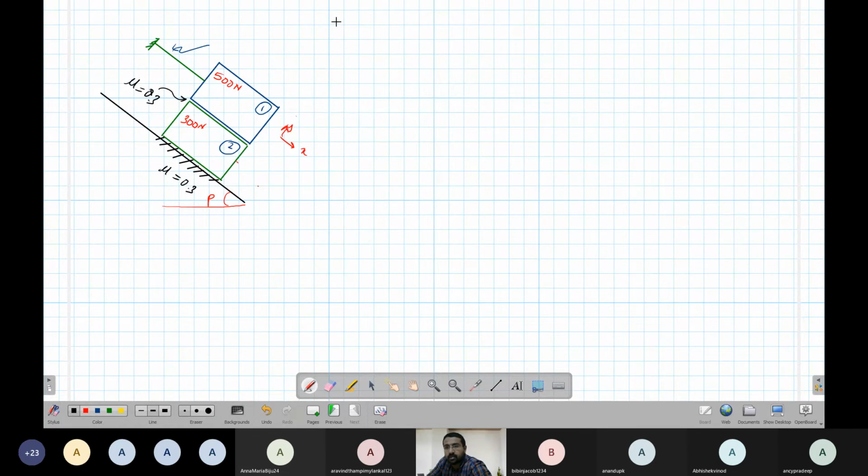We can say: find the angle P such that block 1 starts to slide.